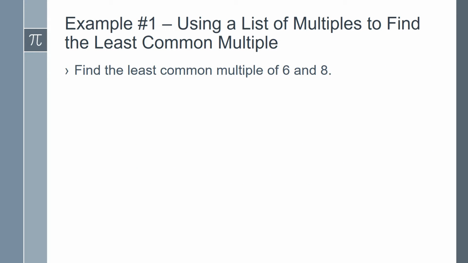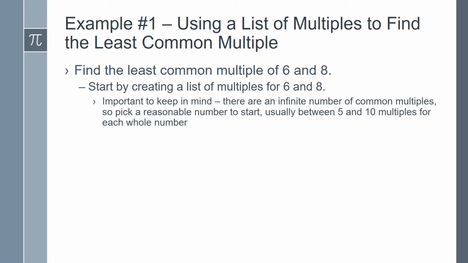Example number 1. Find the least common multiple of 6 and 8. This time we will use the list of multiples method. So we need to start by creating a list of multiples for 6 and a list of multiples for 8. Important: there are an infinite number of common multiples, so pick a reasonable number to start, usually between 5 and 10 multiples for each whole number.